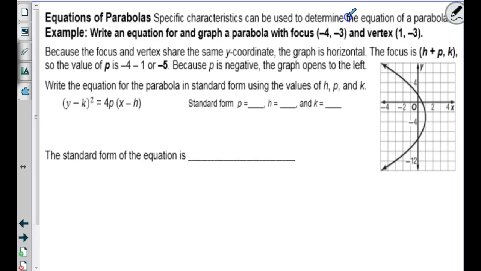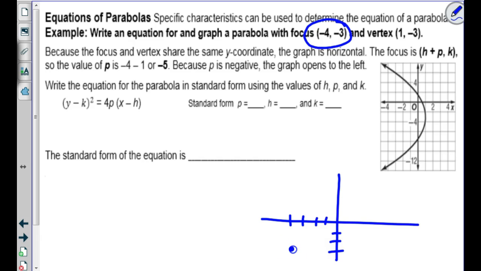So this one, conceptually, they tell us the focus is at (negative 4, negative 3), and the vertex is at (positive 1, negative 3). That's a long ways. How far apart are those? From negative 4 to positive 1 is not 3. It's 5, right? Okay.